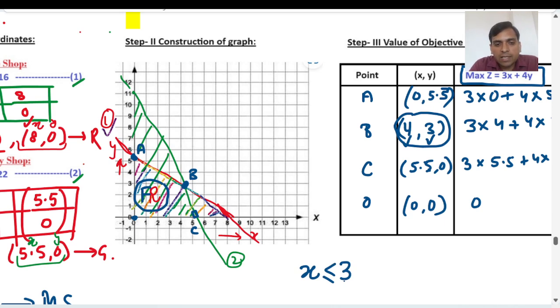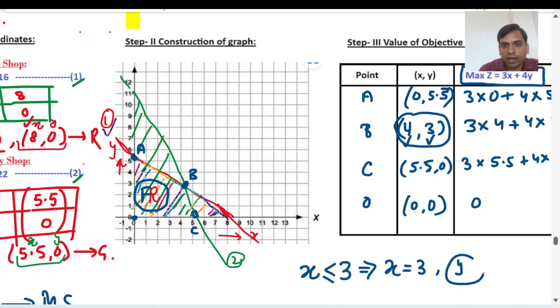For this x less than or equal to 3, we will not touch the y-axis, because if we write this as x equals 3, there is no role of y, y is missing. So on the x-axis, I am drawing this with another color. If x equals 3, this is the location, and there is no y in this equation, only x.